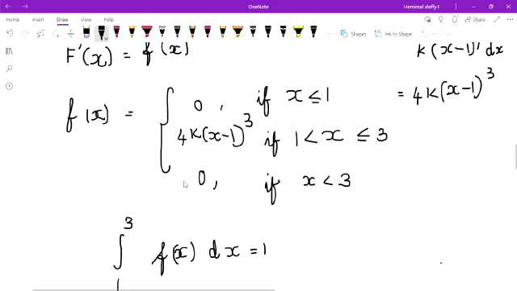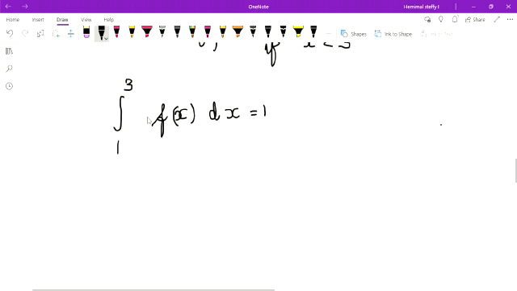What is k? Which equation can we take? We cannot take the 0 part, so we can take only this equation, 4k(x minus 1) whole power 3. The limit is 1 to 3.